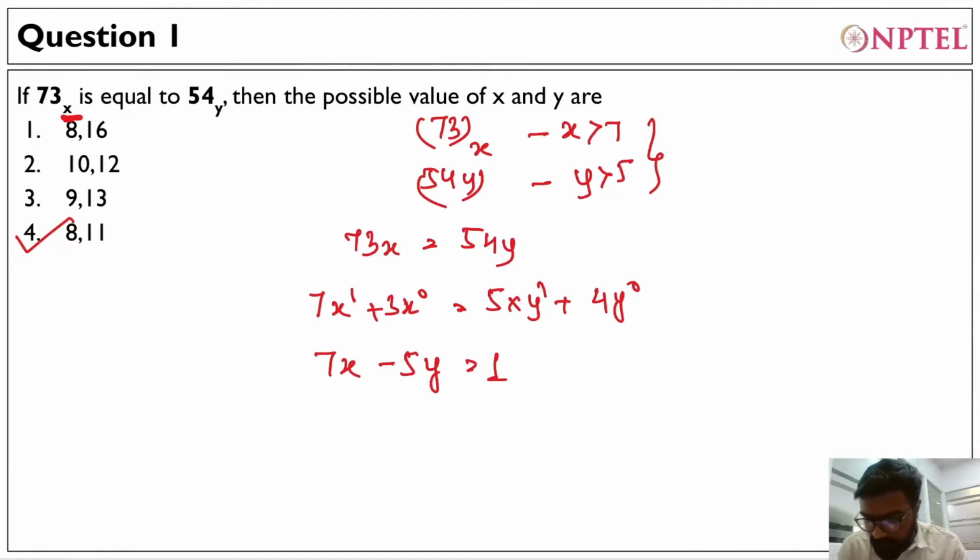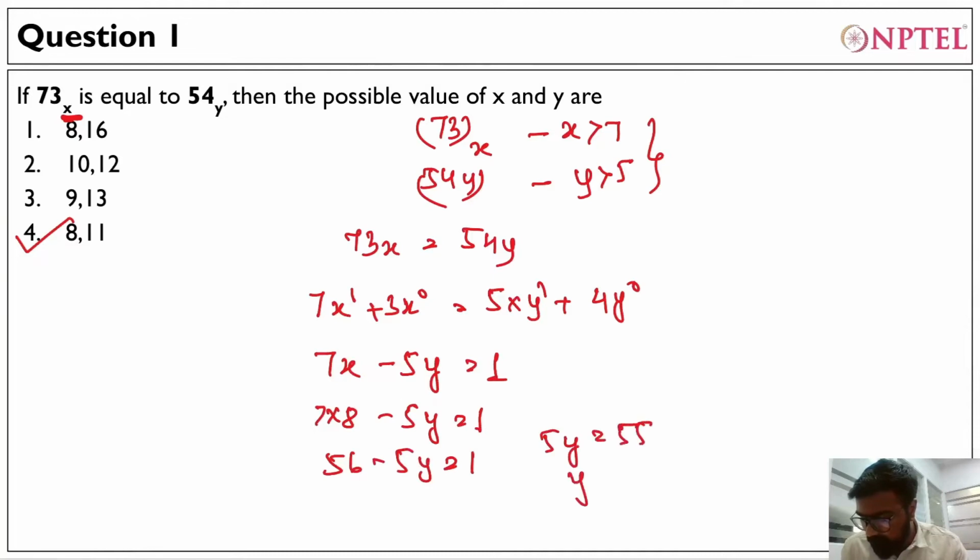We will start with x equal to 8. So 7 into 8, minus 5y equal to 1, 56 minus 5y equal to 1. So 5y equal to 55 and y is equal to 11. So x is 8 and y is 11. That is the reason why the fourth one is the answer.